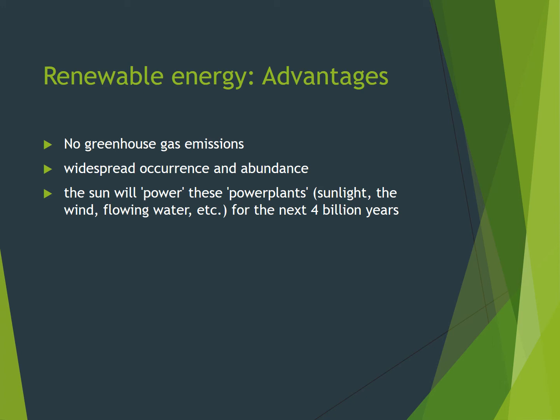And most of these are powered by the sun. If you think about it, wind energy is actually energy from the sun. When the sun hits the surface of the earth unevenly, you create high and low pressure, and particles of air move from high pressure to low pressure and create wind. So it comes from the sun. Same as biomass.